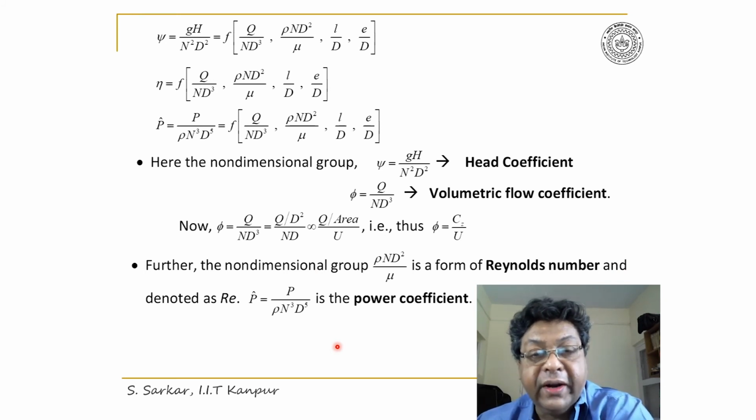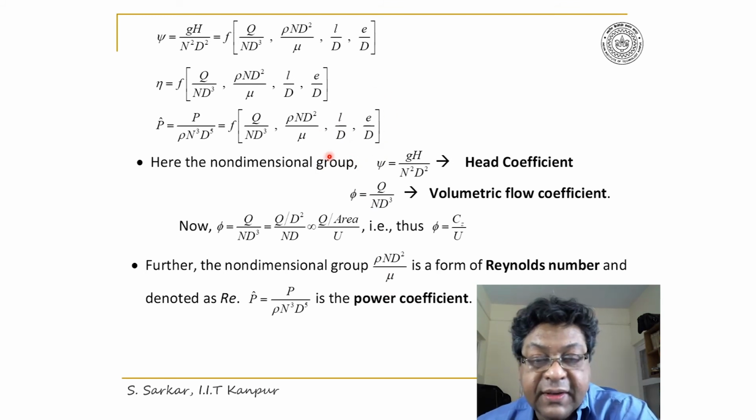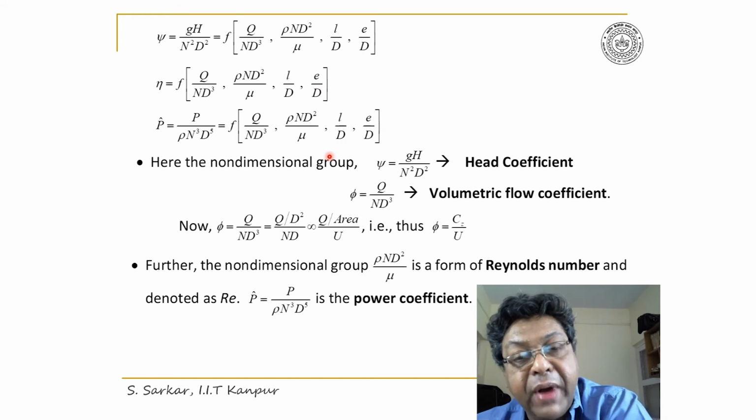So thus here, after dimensional analysis, what we have got is that psi, eta and P tilde are functions of some non-dimensional groups. They are flow coefficient phi, Reynolds number, and some geometric variables, which are L by D and E by D.